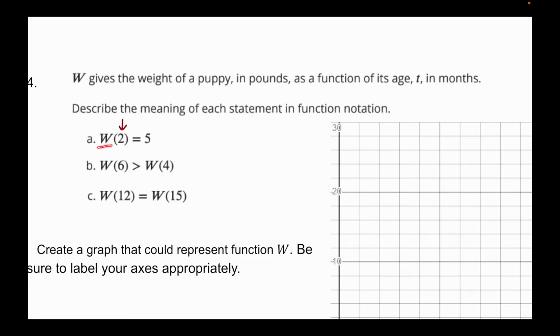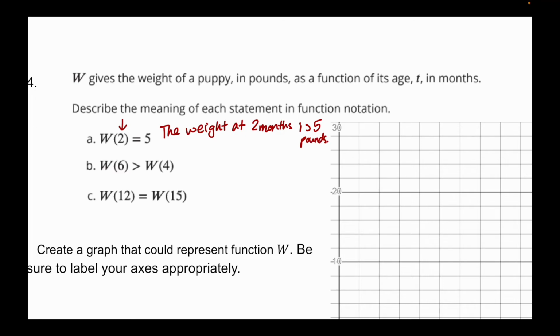So this says the weight at 2 months is 5. And that's how we're going to basically define all of these. The weight at 2 months is 5 pounds.